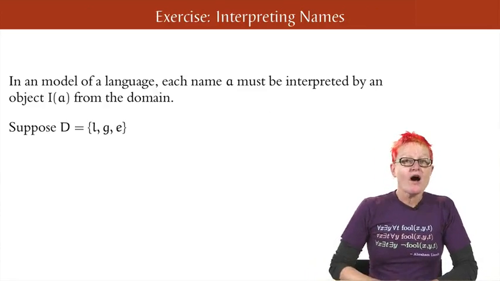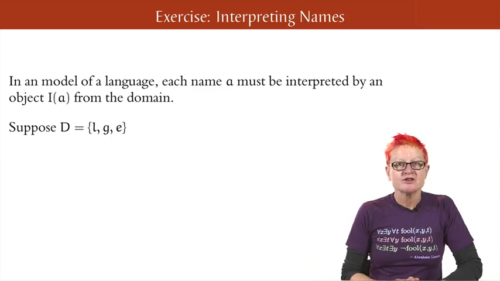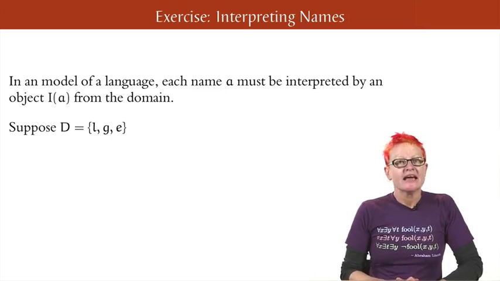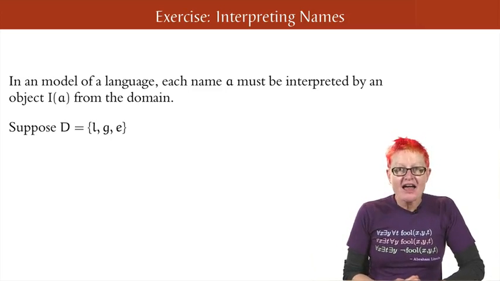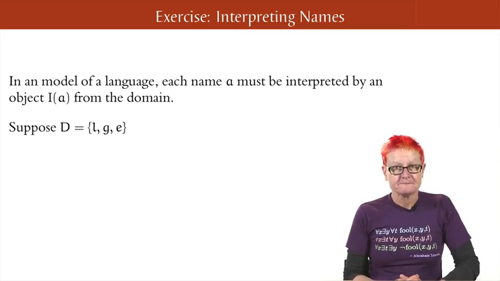The only requirement on an interpretation I is that each name in the language must be mapped to an object in the domain. If A is a name, then I of A is an object in the domain.